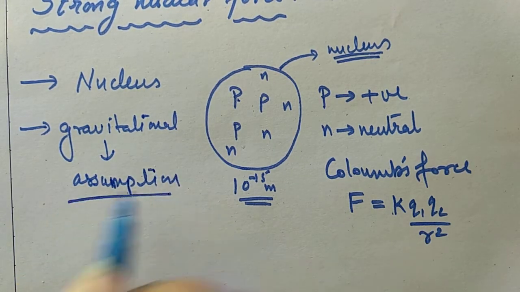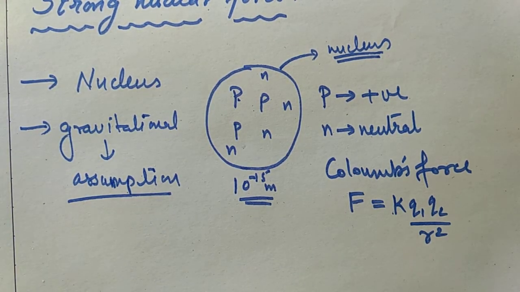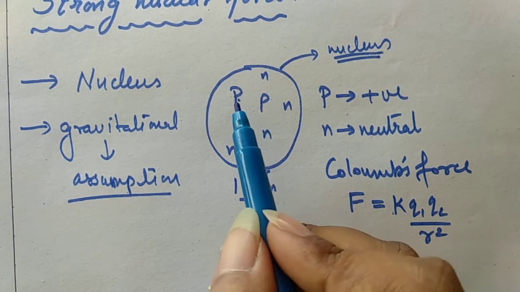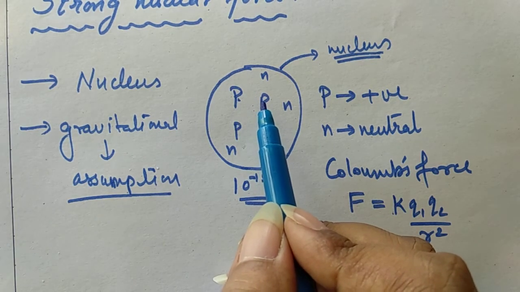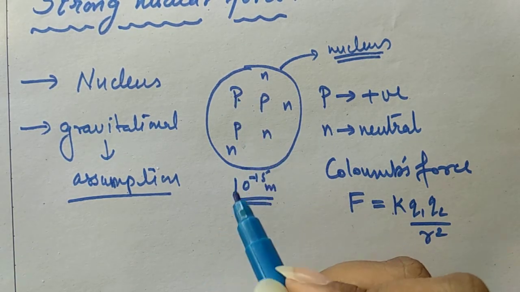But then they came to know that this gravitational force is very weak in comparison to the electric force. We have studied that gravitational force is the weakest force in nature. So this gravity between these two protons cannot overcome the repulsive force which acts between these two protons.